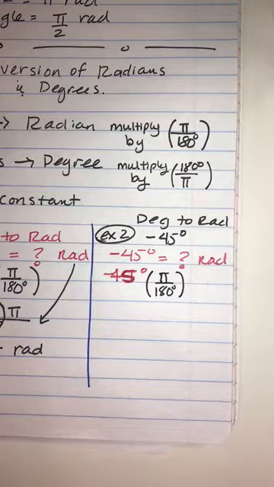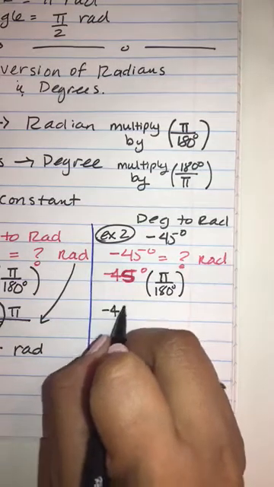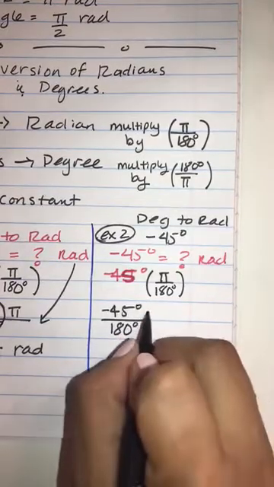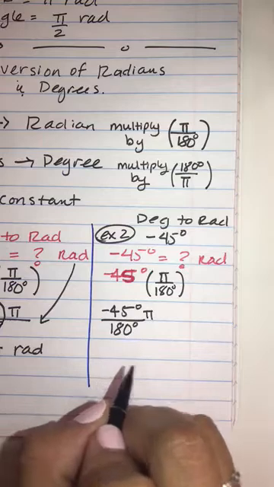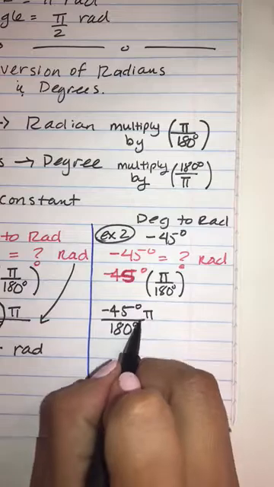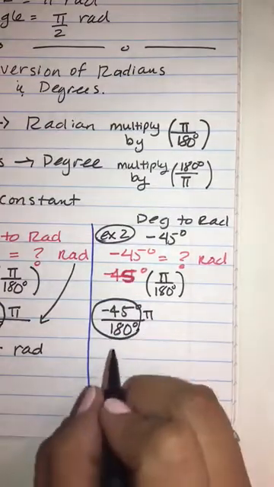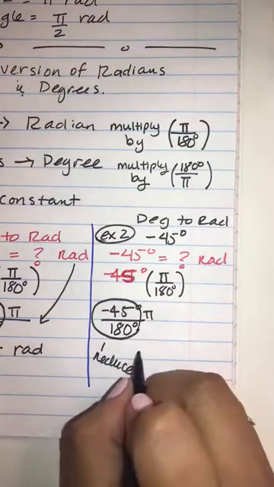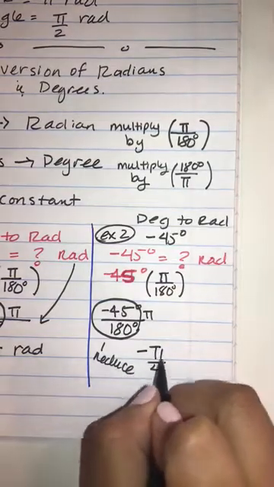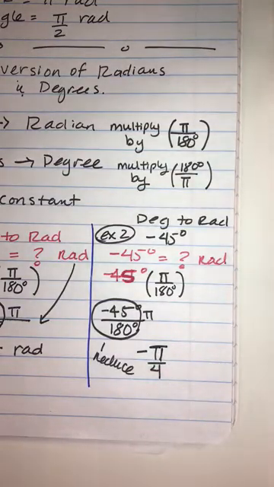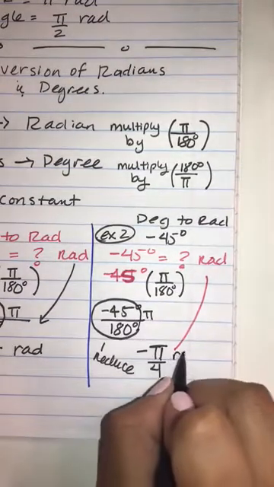You're going to keep on working, and I'm going to say negative 45 over 180 degrees pi. And then we're going to say that equals this right here. You're going to reduce, and I'm going to get negative pi over 4. And then bring this down. Radians.